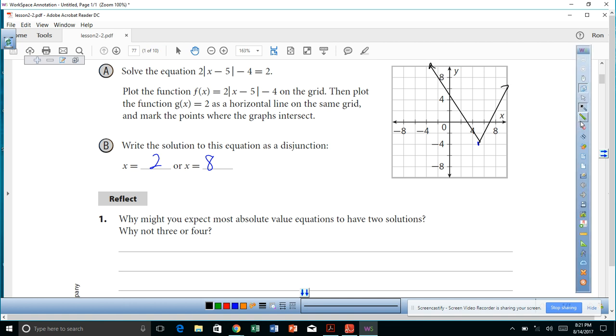And we've got to draw the other line, and we'll draw it in red. And this is the y equals 2 line. And there it is. And the points of intersection are right here, and that's (2, 2), and this point right here, and that is (8, 2).